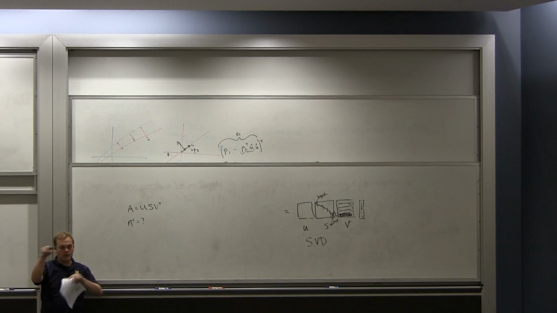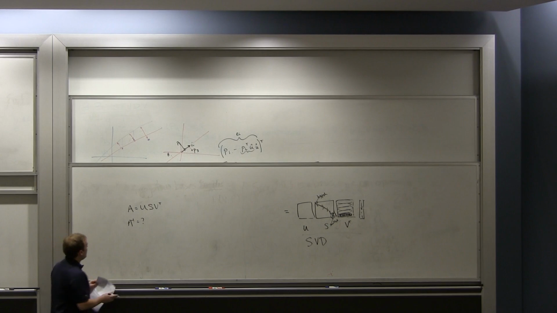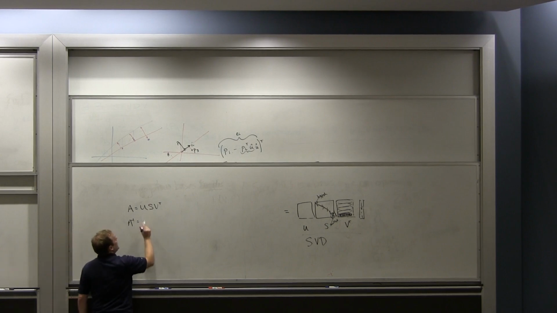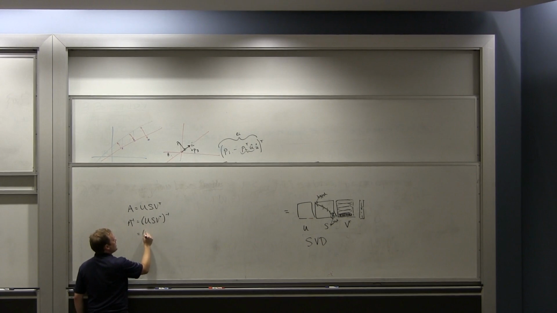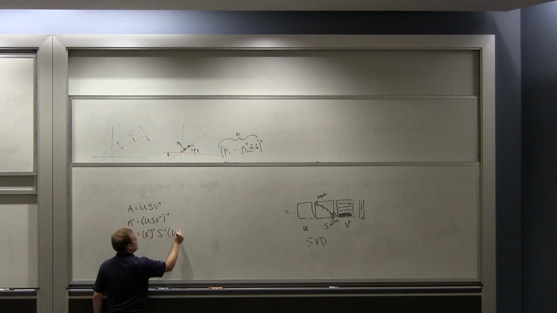Any other position where i doesn't equal j, you're going to end up with 0 because all the rows and columns are perpendicular to each other. So we can apply this rule here: (U S V transpose) inverse, and we can push this inside. It's going to be V transpose inverse, S inverse, U inverse.